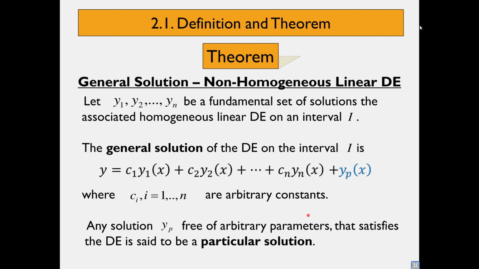The homogeneous part is very easy to solve, because you are concerned about the left-hand side only without the g(x). But the non-homogeneous part is more complicated because the right-hand side is not equal to 0.